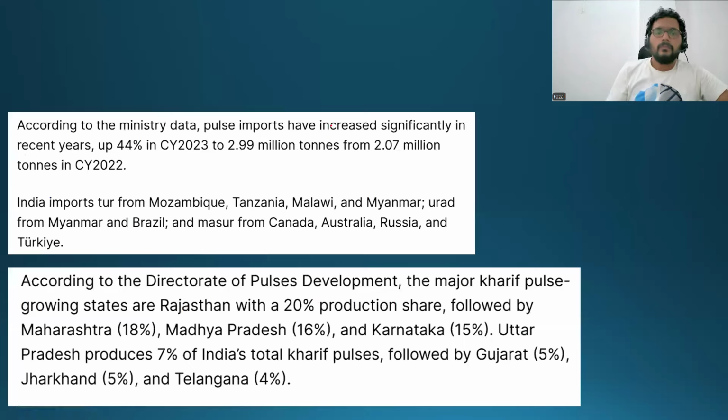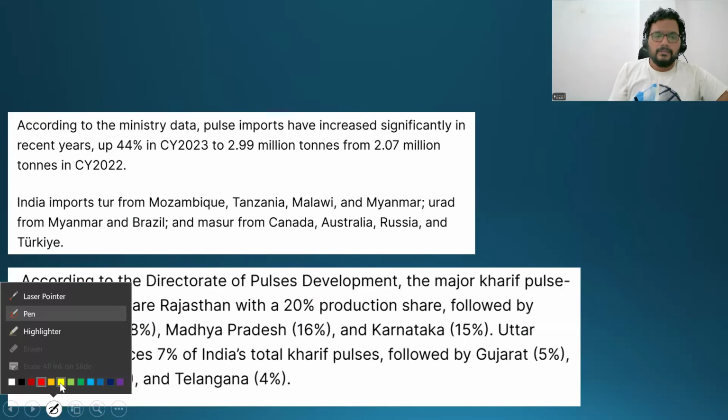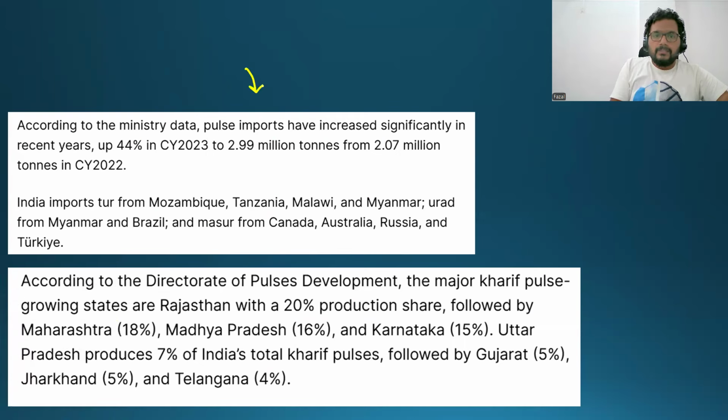Next, pulses imports. It has been clearly given here that the import of pulses has increased significantly, from 2.07 million earlier to 2.9 million, because consumption is quite high, so production has to meet it.